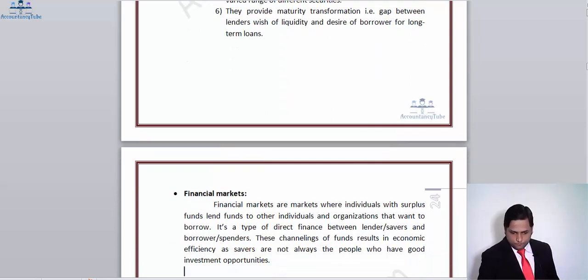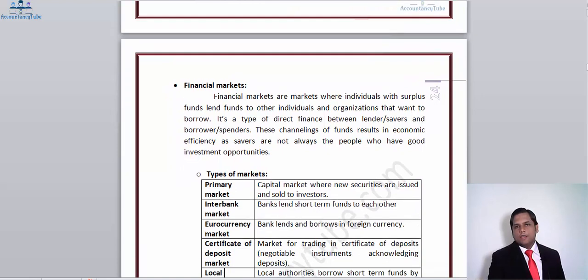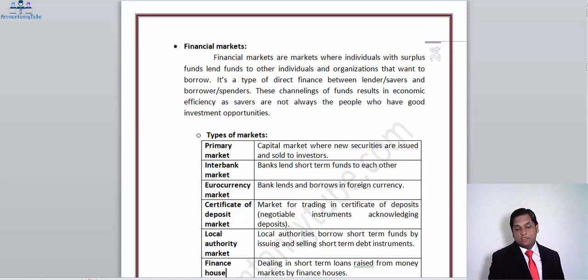Then we have financial markets. Now, in order to understand financial markets, you firstly need to understand what actually a market is. A market is basically a point of exchange. When you go to a supermarket to buy a bottle of shampoo, you pay at the counter and take the bottle with you.